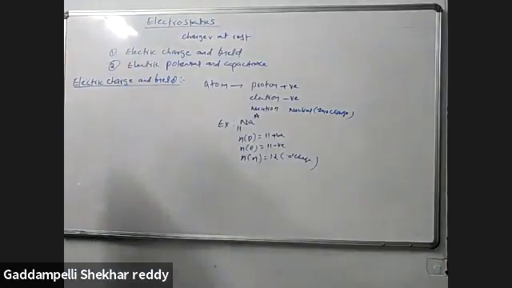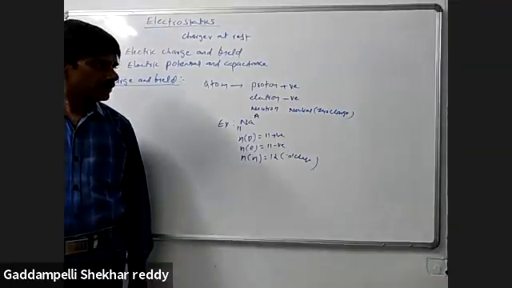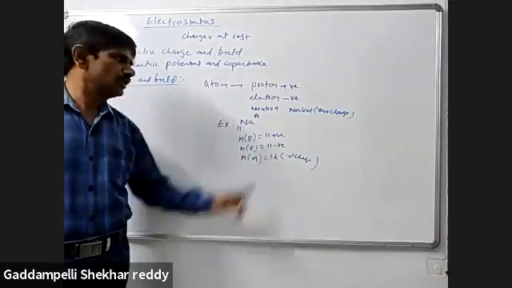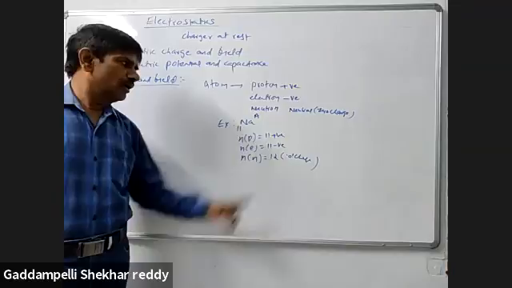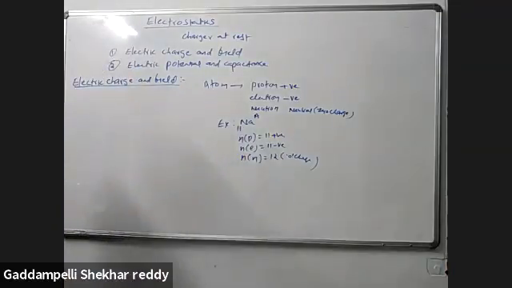And here, how are charges formed? For stable configuration or stability, an object removes or gains electrons. Then the types of charges form.